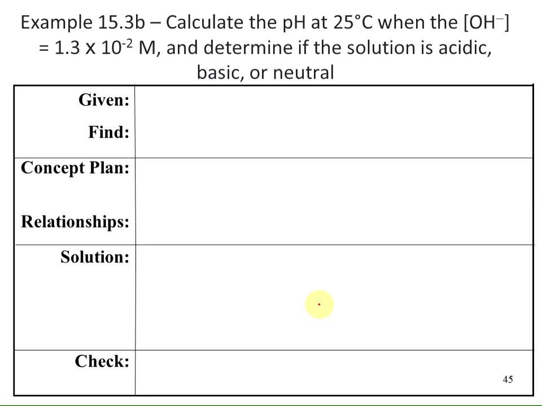In this example problem, they want us to calculate the pH at 25 degrees when the hydroxide concentration equals 1.3 times 10 to the minus second molar. And they want us to determine if the solution is acidic, basic, or neutral. So we're given the hydroxide concentration, and they want us to find the pH.